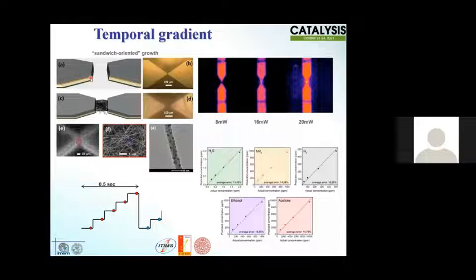In this way, we are able to grow the nanowires only from this layer, so not on top of the electrodes, but only on the side. And here you can see the optical microscope of the electrodes before and after growing the nanowires. So they are growing only like lettuce out of a sandwich. And here you can see a zoom of the nanowires between the two electrodes.